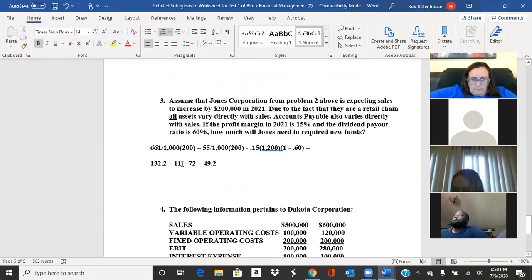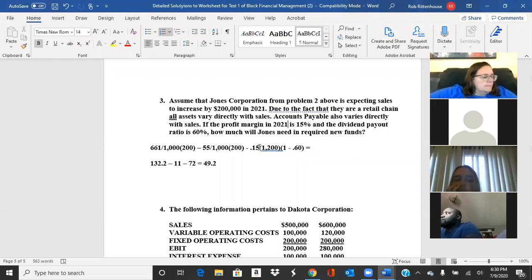Okay. And then finally, the last thing is the increase in stockholders' equity from the retained earnings account. Well, we were told the profit margin is going to be 15%. Remember, the profit margin is net income over sales.